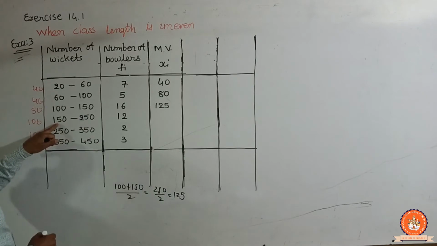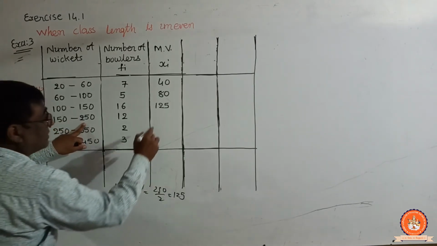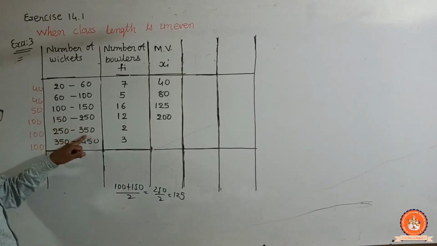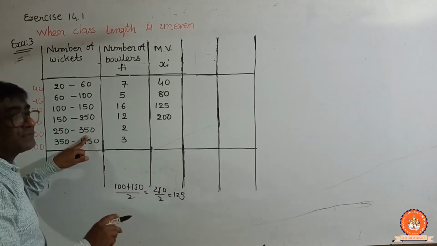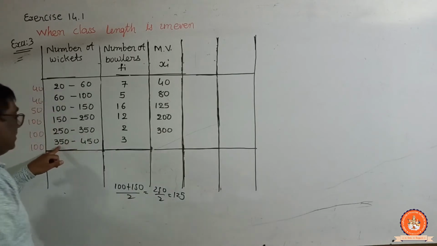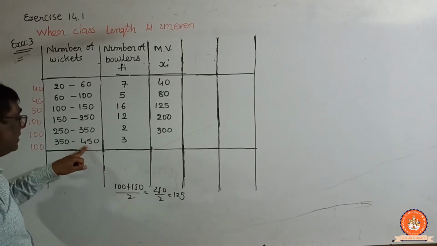See the class length, 150 plus 250, 400 by 2 is 200. 250 plus 350, that is 600 divided by 2, half of 600, that is 300. And 350 plus 450 is 800 divided by 2, that is 400.